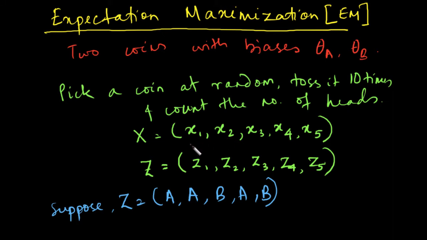And that is where your expectation maximization algorithm comes in, because it gives you a nice and robust way to estimate the values for theta A and theta B even when the Z is unknown. So let us first look at a simpler approach to estimate theta A and theta B, and then we will look at the approach of expectation maximization.